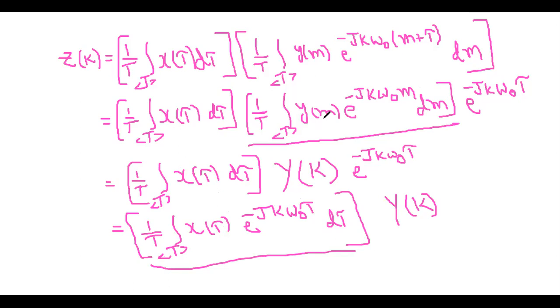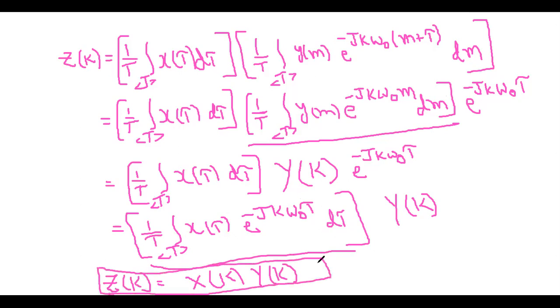So here the x becomes x of k into y of k, as z of k is equal to x of k into y of k.